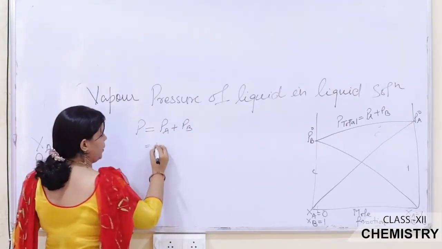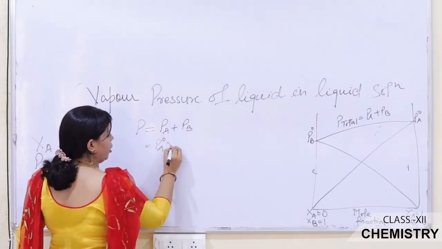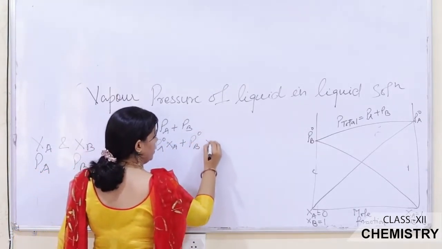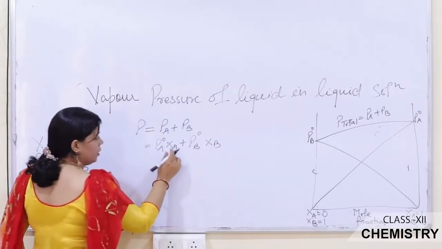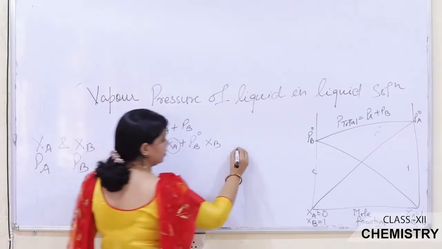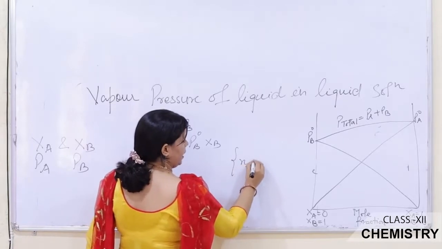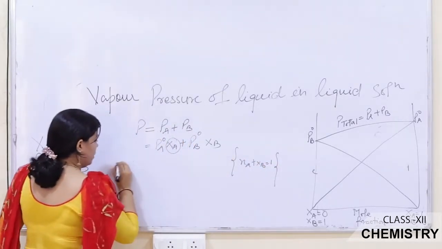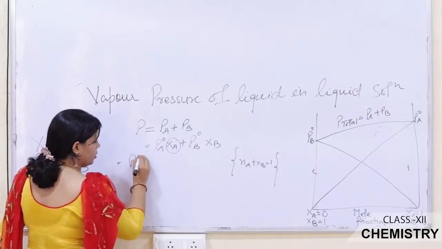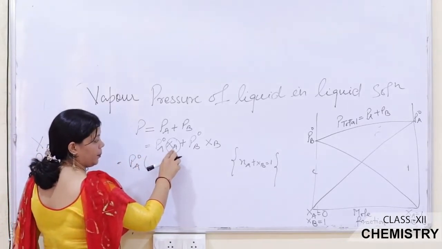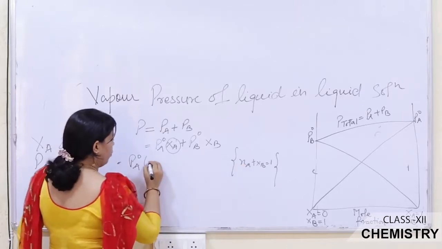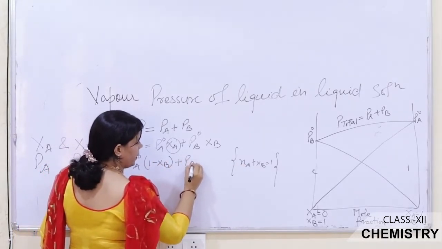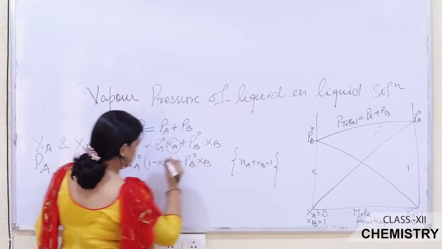According to Raoult's law, this is equal to Pa naught Xa plus Pb naught Xb. So in a solution, since Xa plus Xb is equal to 1, in place of Xa we can put 1 minus Xb, giving Pa naught (1 minus Xb) plus Pb naught Xb.